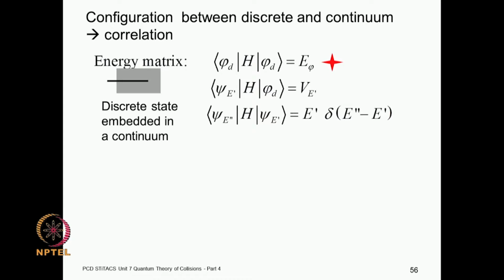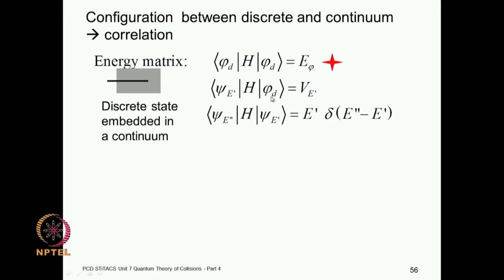So, now you have this continuum and the discrete state is embedded in this continuum. So, this is now your energy matrix. You have got the energy contribution when both the electrons are in the discrete state, that is phi d, which is what we indicated earlier.